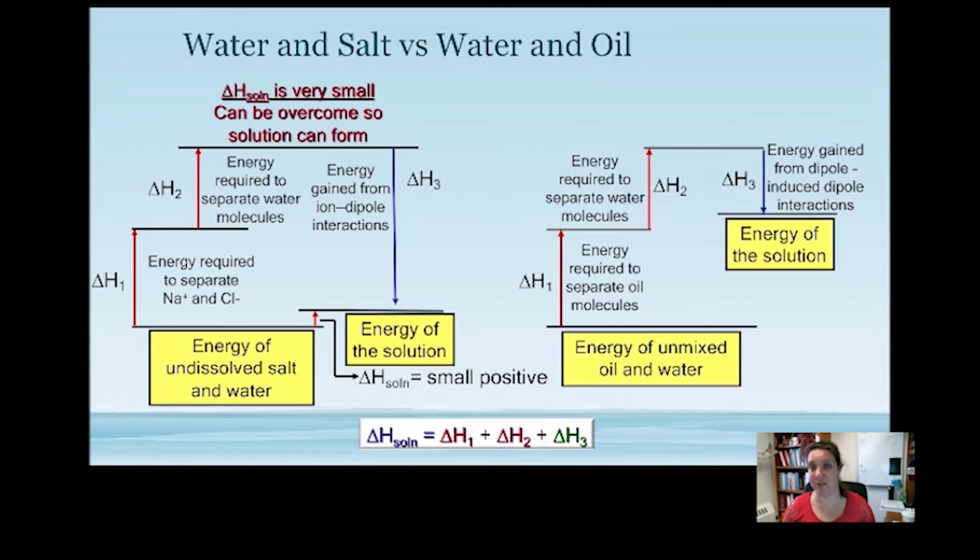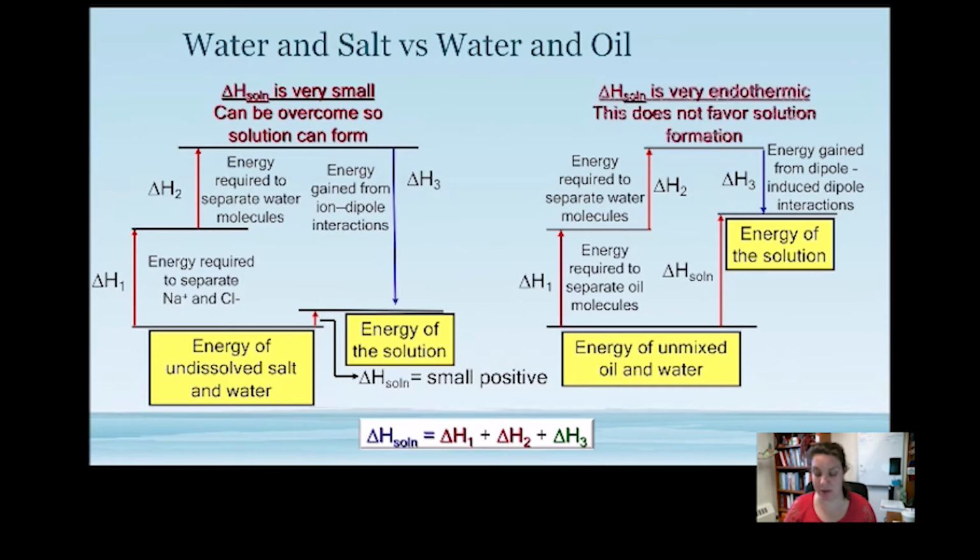There's not a lot of energy gained during the making of induced dipole interactions, so that's not a very exothermic process. It's not even as exothermic as forming new hydrogen bonds. So this will not be a very energetically favorable process. Here we're going to have a delta H of solution that is highly positive. So it is very endothermic, and the solution will not form because of that large positive delta H of solution.